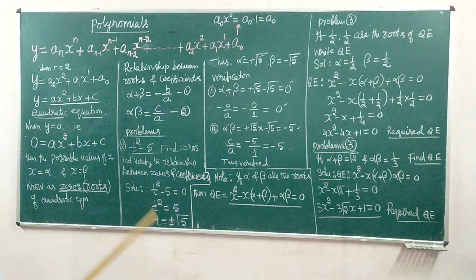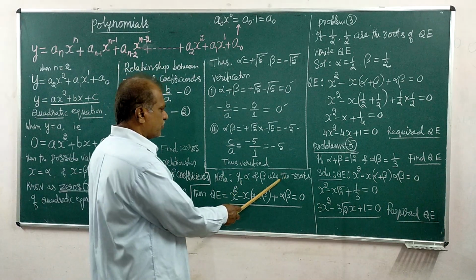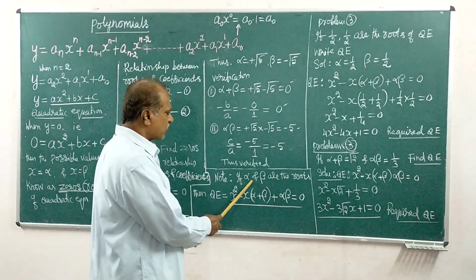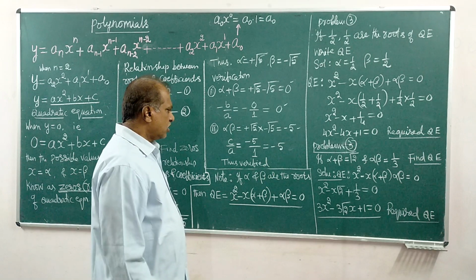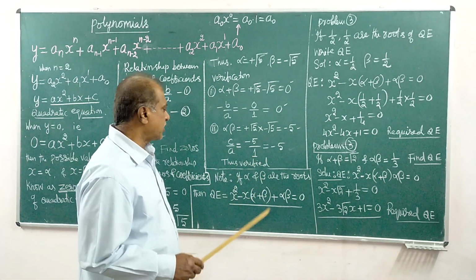The other type of problem is when the roots are known. If the roots of a quadratic equation are known, can we write the quadratic equation? Yes, it is possible.